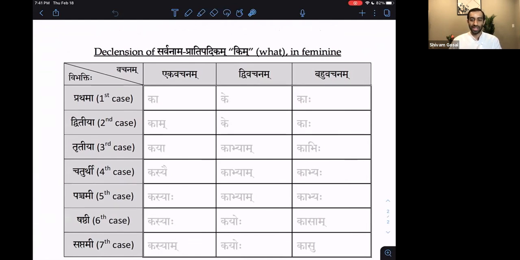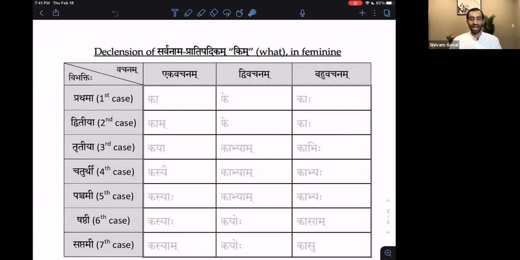We're going to see some examples if we do some of the exercise. But we've seen kim in both masculine and neuter, so this is not anything new. Let's do this one together since we did that previous one.